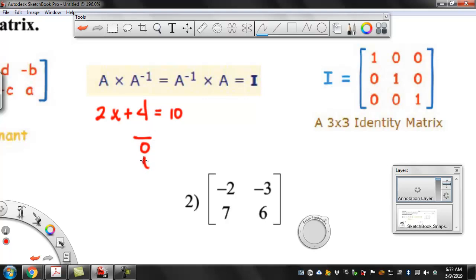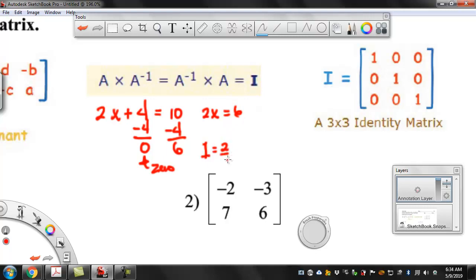So there's a use of 0. To do that, we'll take the additive inverse. So 4 add a negative 4, or 4 subtract 4, will give me 0. And then the algebra says if I do it to one side, I have to do it to the other. So we end up with another equation. It's called 2x equals 6.